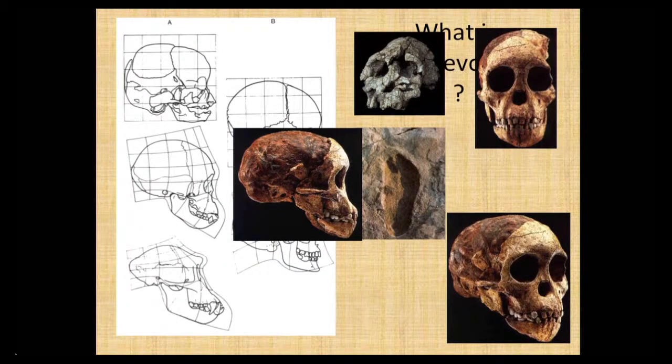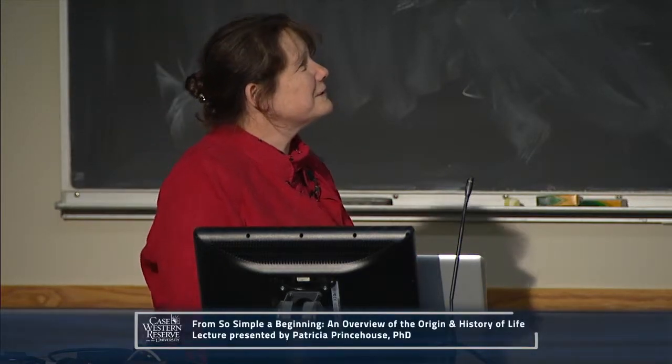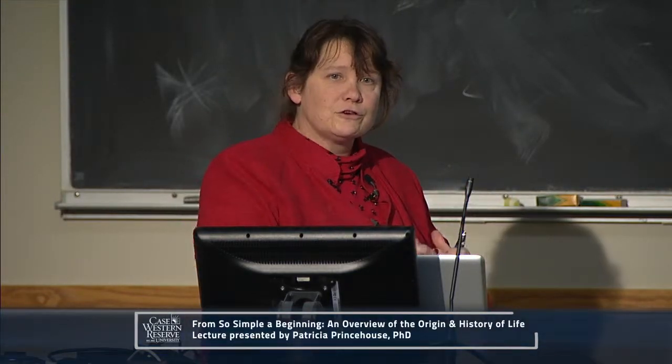We know they were bipedal, not just from their anatomical forms, but because we have direct evidence from fossil footprints, 3 million-year-old fossil footprints at Laetoli. So again, we have the theme in evolutionary biology of multiple lines of evidence that converge to tell one story. And the more lines of evidence that converge, the more robust we think the conclusion is.